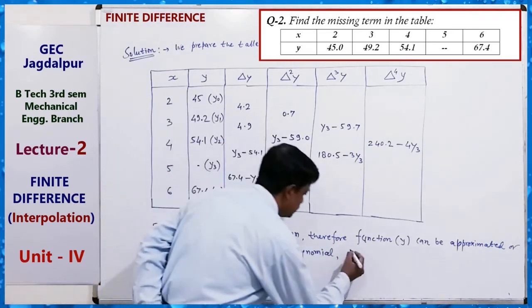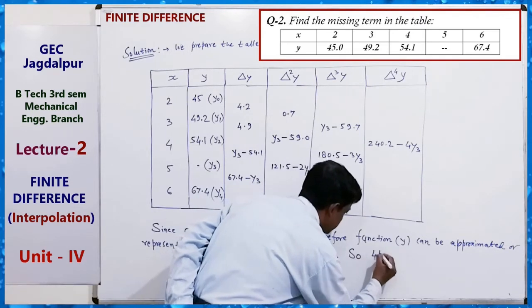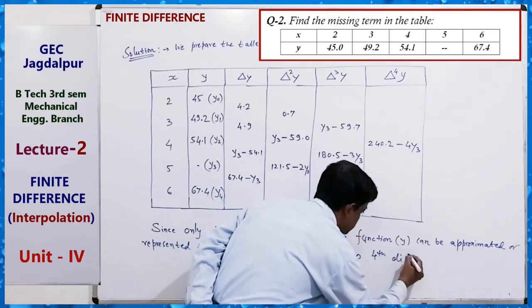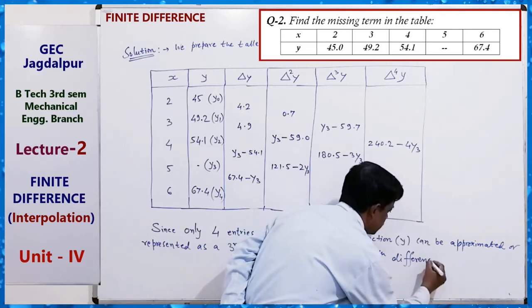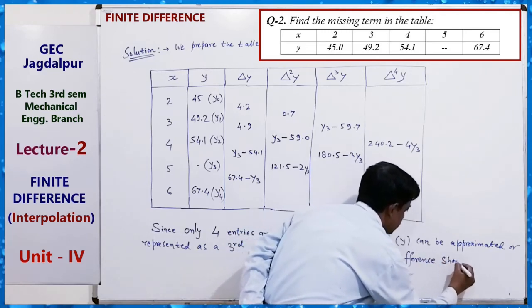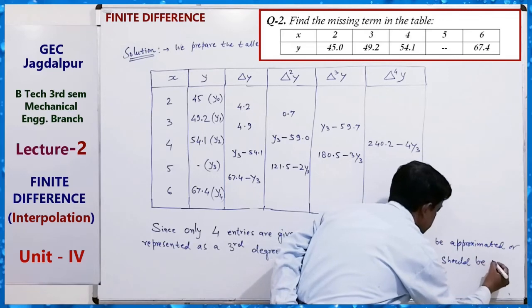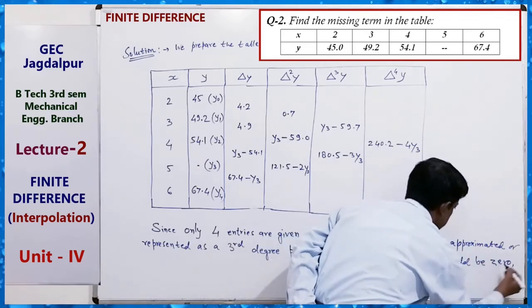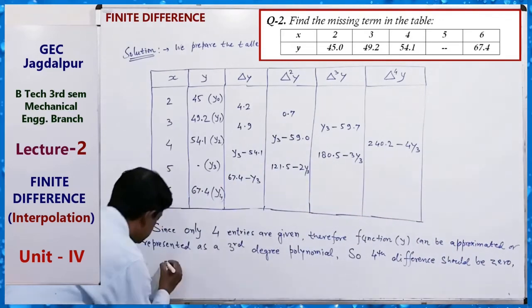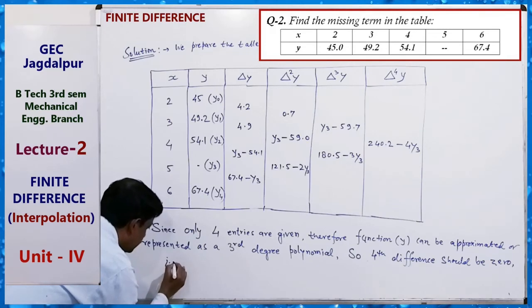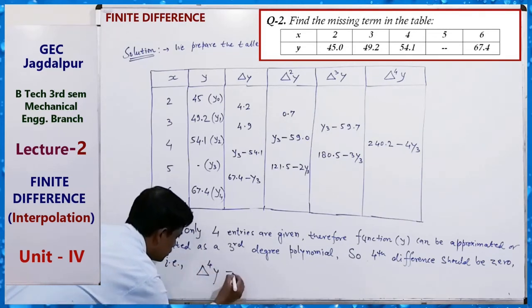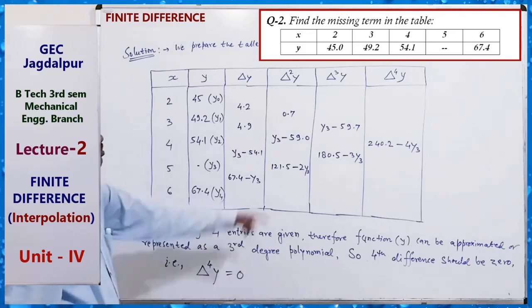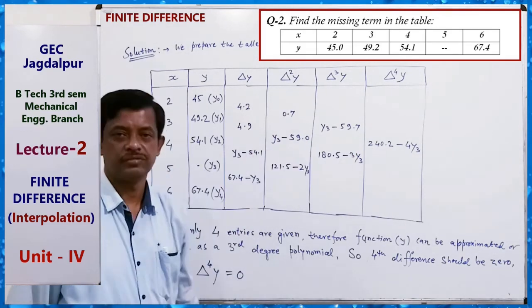So the fourth difference should be 0. That is, fourth difference of y equals 0.